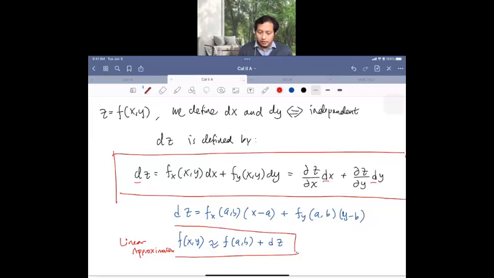So whenever we have a value that changes on x and y, we can simply put it into our differential equation, put in all the numbers that change, and we can find what will happen with z in terms of the changes.